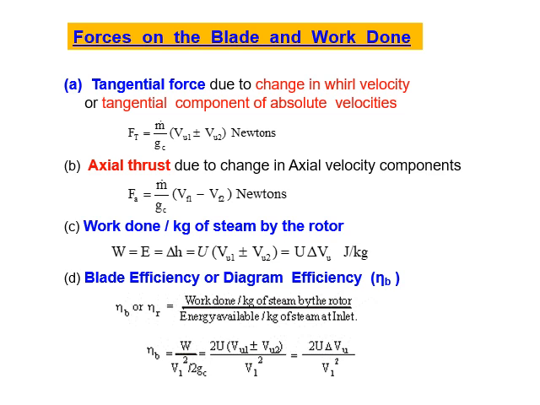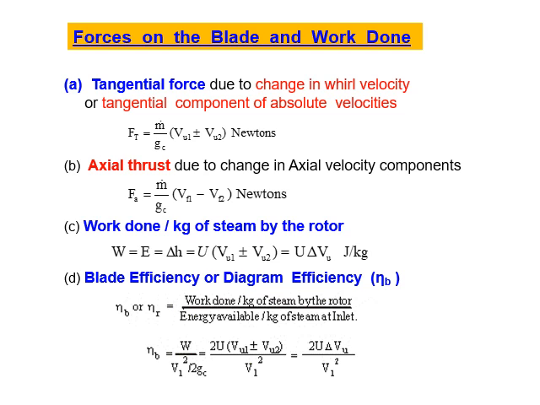Work done per kg of steam by the rotor is denoted by W, and the energy available at the inlet of the turbine is kinetic energy, given by V1 square by 2gc.